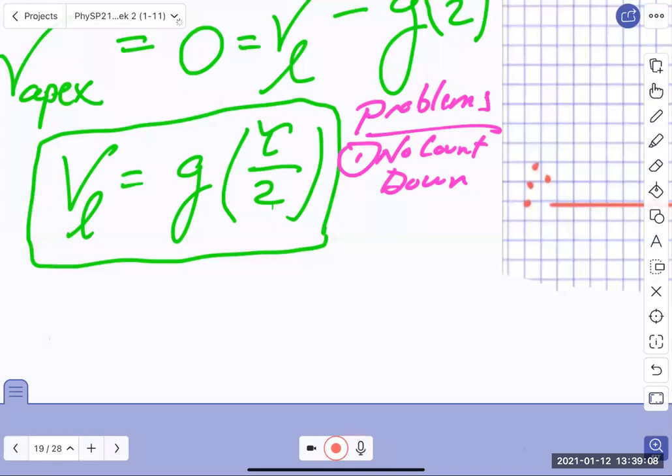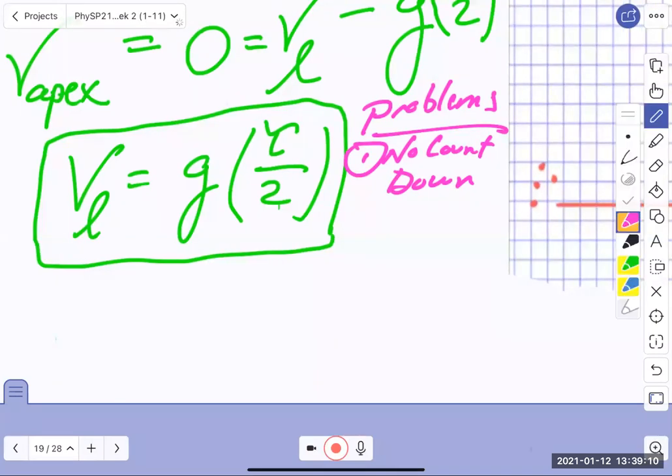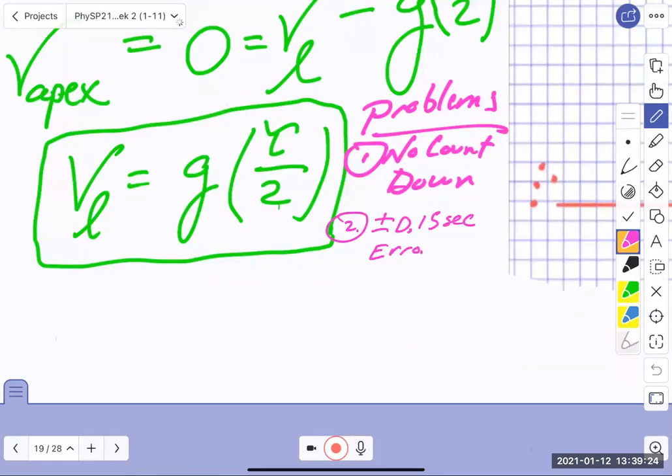The problem there is students, even though you're much more reactive than I am, even the best students have a plus or minus 0.15 error built in, just in your eyes seeing that it launches and then your finger finally hitting the button. And by the way, that's doubled, times 2, because you don't know when it's going to launch. You hit the start button when you see it launch.